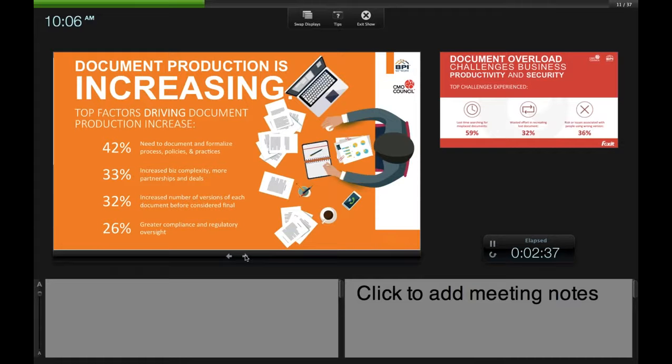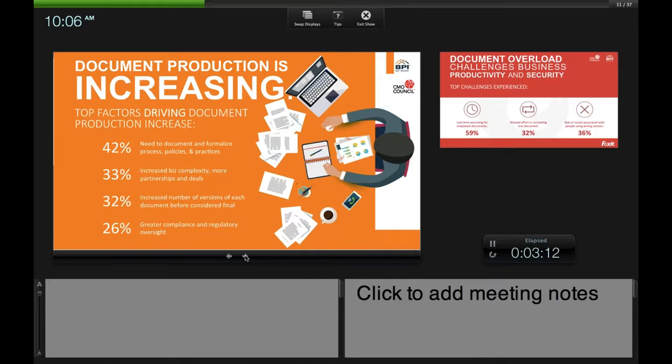So we asked our participants what was driving the increasing need for document production, and respondents pointed first and foremost to the need to formalize and codify policies, practices, and agreements within the enterprise, followed by increased business complexity: more deals, more partnerships, more transactions than ever before.